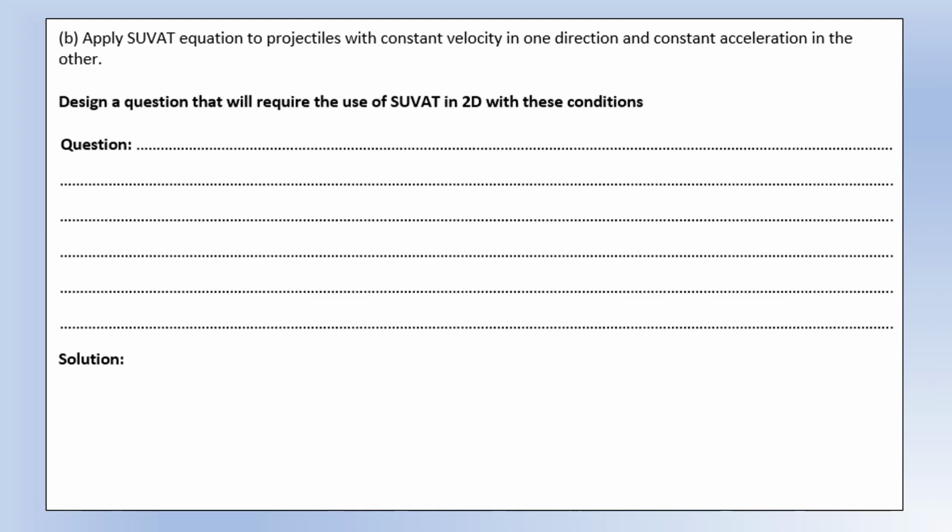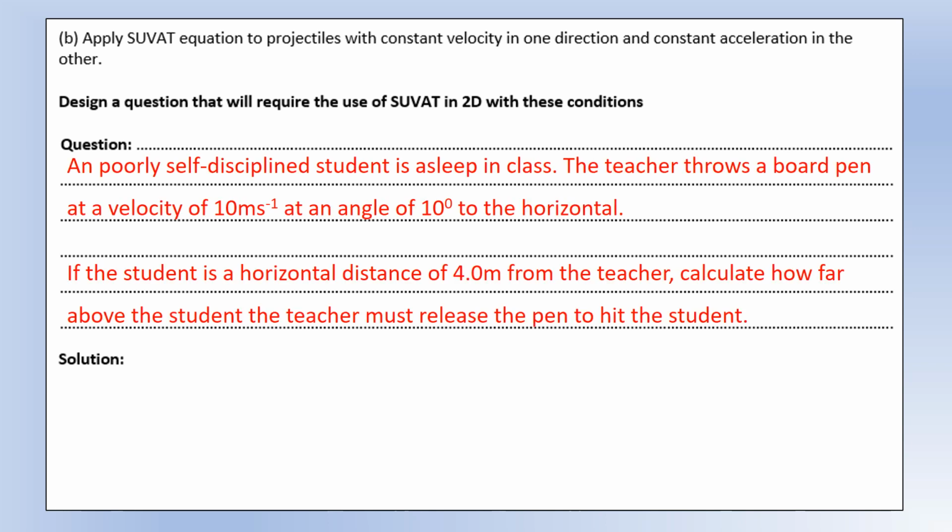Okay. So again, at this stage, what I want you to come up with is your own scenario with a question, and then I'll show you an example. We want a situation where we've got constant velocity in one direction and constant acceleration in the other. So the scenario I've got is a poorly self-disciplined student asleep in class.